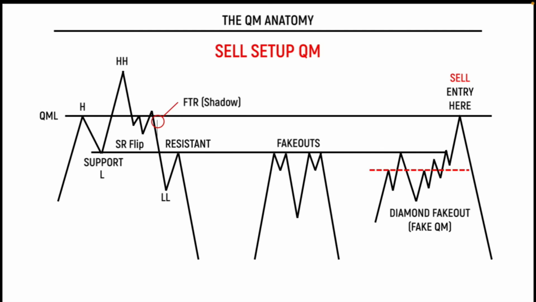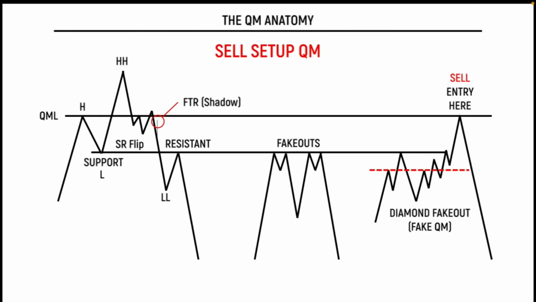You'll be at the end of the day asking yourself, didn't I see this QML but it didn't go my way? You have to ask yourself, where is the QML? Is there a higher setup or a higher zone before the QML? All you guys need to ask yourself this.